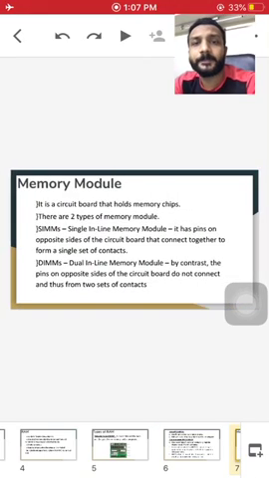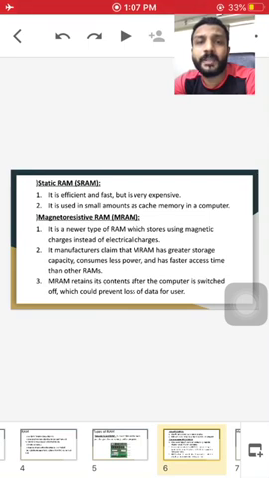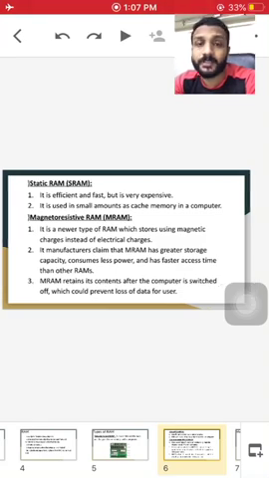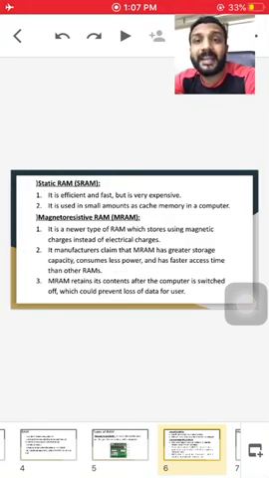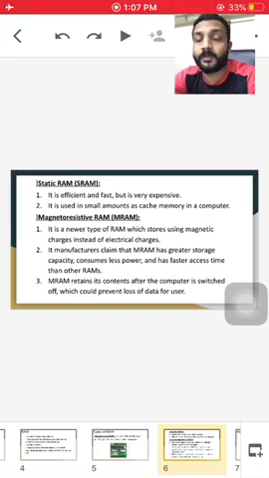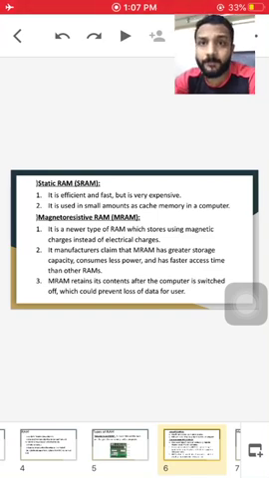With ordinary RAM, if you don't save your file to the hard disk and your system is off, your data is gone. But if you have MRAM in your computer or laptop, you can get all that data back, whatever you were working on, even if the computer has switched off.